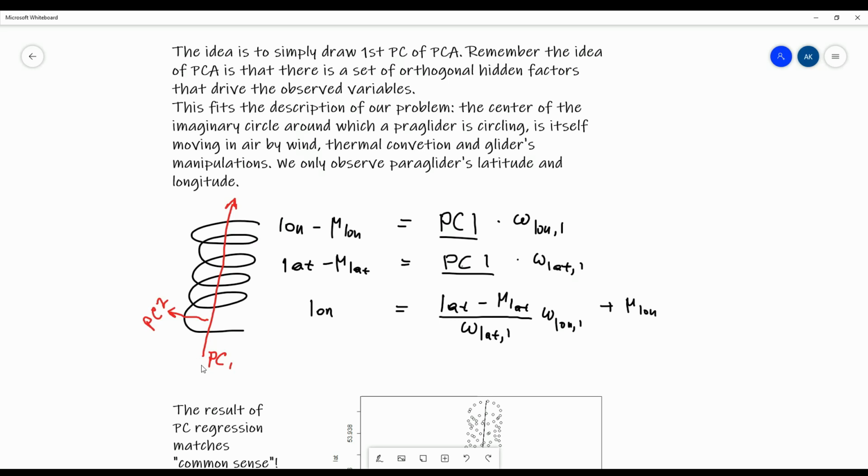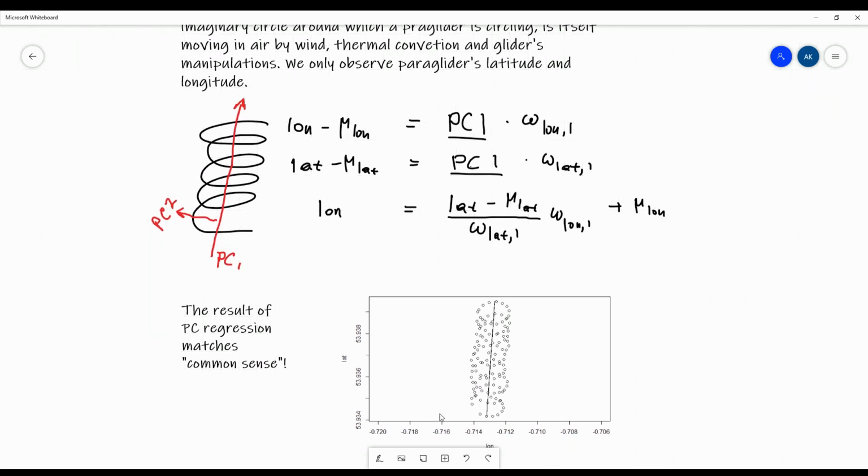So in this case we have this wind which is moving the center of that imaginary circle around which the paraglider is gliding. There are some other parameters too, and we saw the data looks like this, which makes us think that most of the action is going on along some movement south to north.